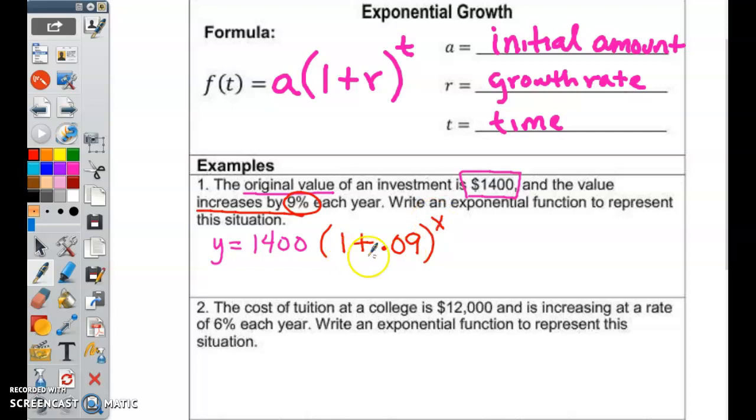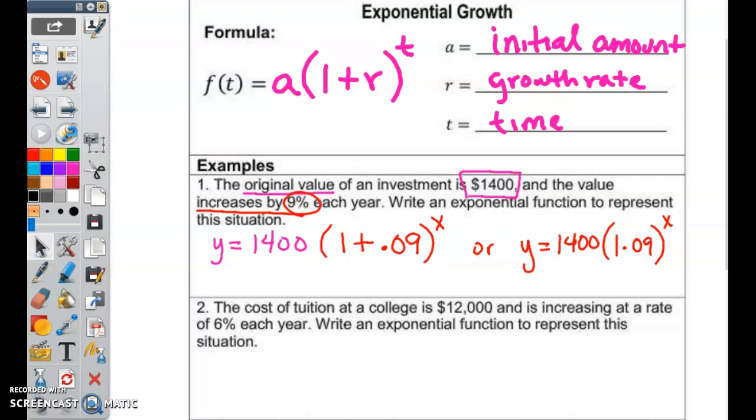But remember, when we add this, it's just $1.09 or 1.09. So we can also write it as y equals 1,400, and inside the parentheses, we put 1.09 to the power of x. So any one of those two is correct.